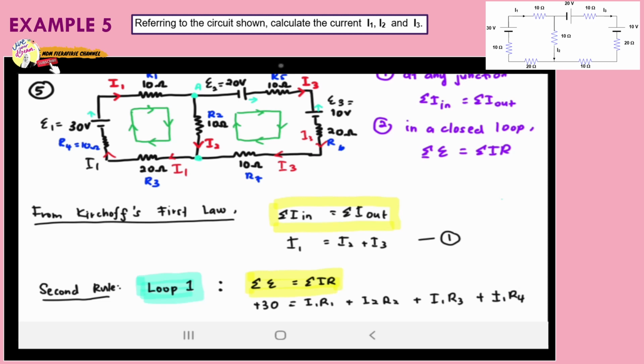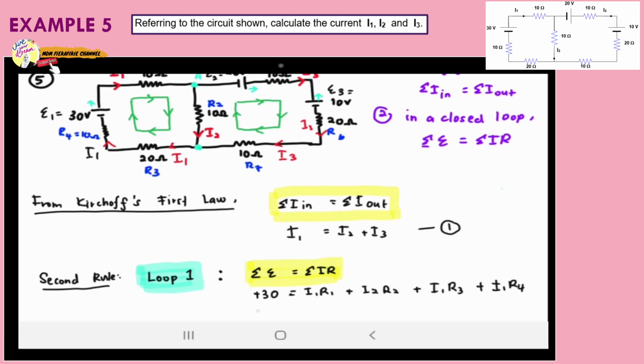Now let's substitute the values. We have 30. I1 R1, where R1 is 10, so 10 I1 plus 10 I2 plus 20 I3, and plus 20 I1 plus 10 I1.